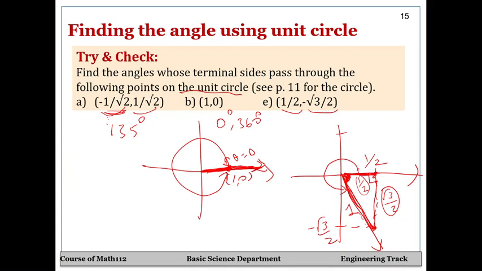Which angle is it? If you remember, this has to be 60 degrees, corresponding to cosine 60 degrees. So this angle has to be 300 degrees. You can see the figure we gave before, the unit circle. We will have this type of question later, and we will use another method to solve this type of problem.